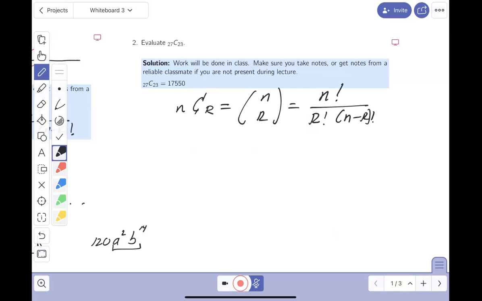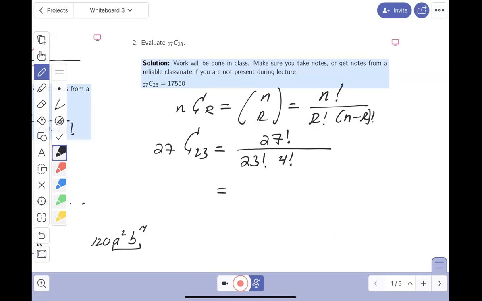All right, let's write this down. So 27 C 23 is going to be equal to n factorial, which is 27 factorial, over r factorial, which is 23 factorial, over n minus r, which is 27 minus 23, which is 4 factorial.